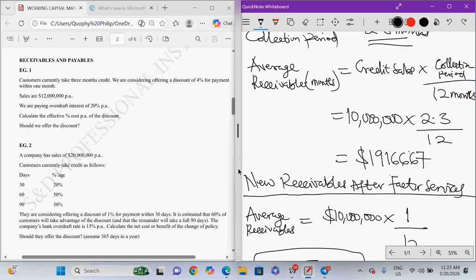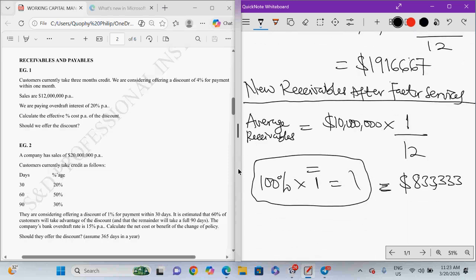And then the after is this, right? Yeah. So is it an increase or a fall? So there's a fall, right? So a fall in receivables. What is the fall in the receivables?